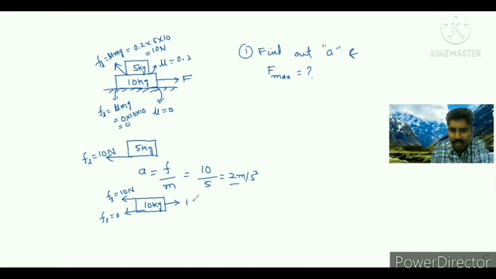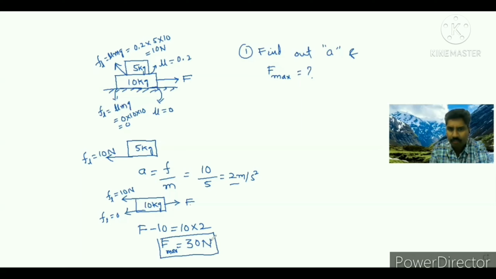So F minus 10, minus 0, is equal to ma, with m 10 kg and a 2. So F is 20 plus 10, 30 newtons. This is the F max value we got.